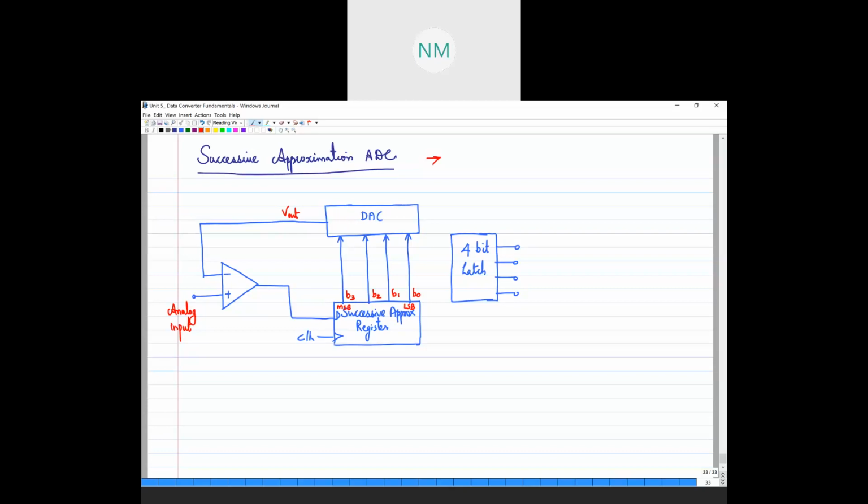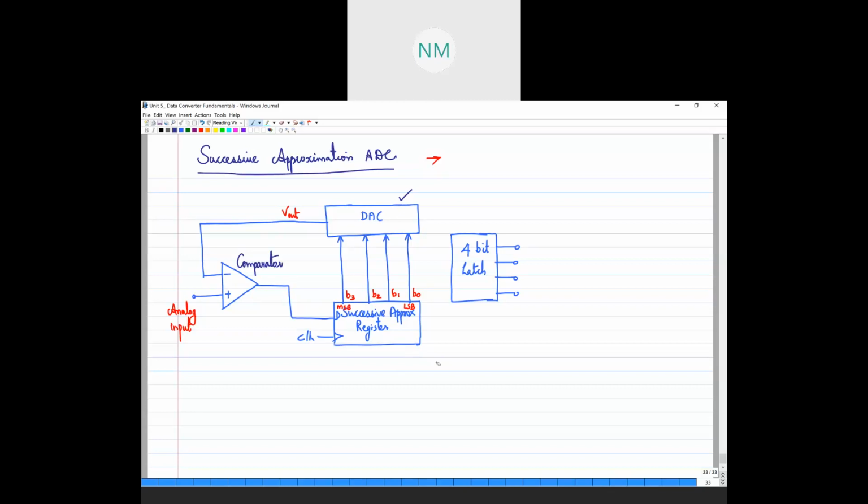Apart from this, you have another shift register, what we call a successive approximation register. Then you have a comparator, where your analog input is given. So these are the main constituent blocks of a successive approximation ADC.